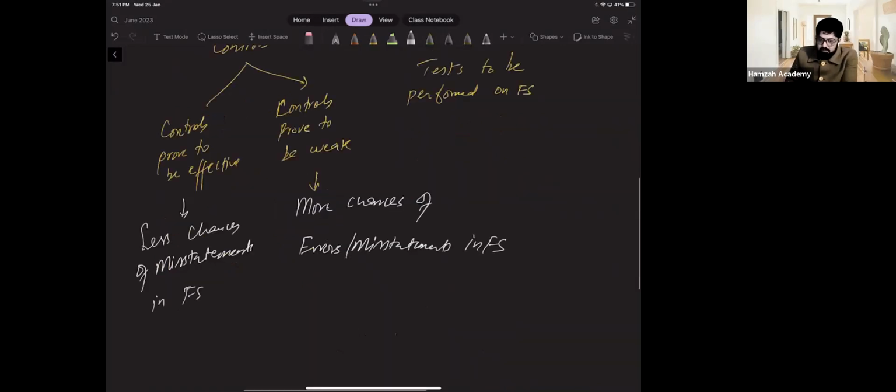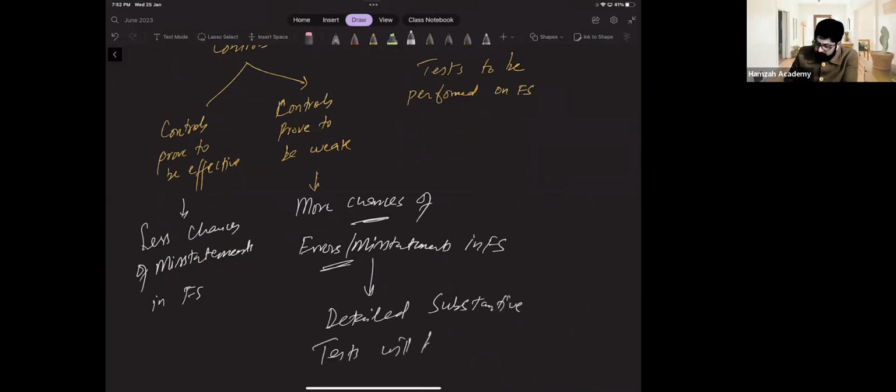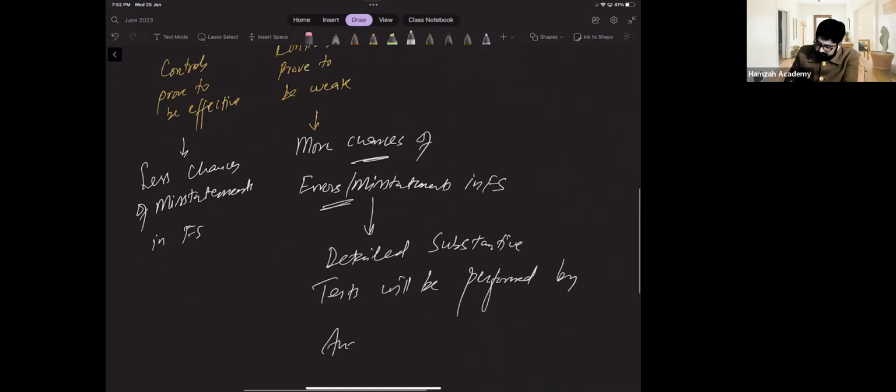In that case, where more chances, detailed substantive tests will be performed by the auditor on financial statements.